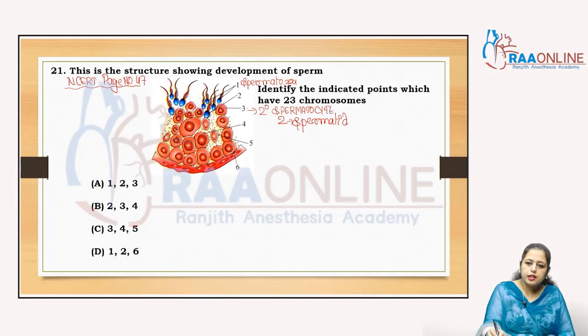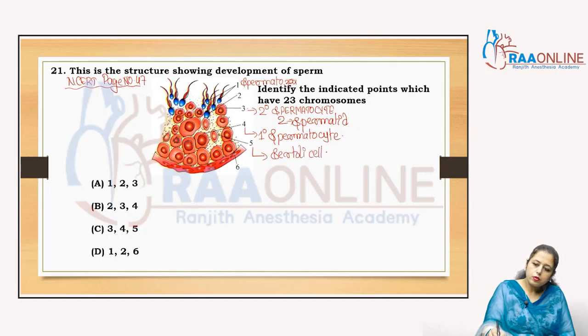That 3 is the secondary spermatocyte, right? That fourth one is the primary spermatocyte. Right? That fifth one is the Sertoli cells. And these are the spermatogonium.